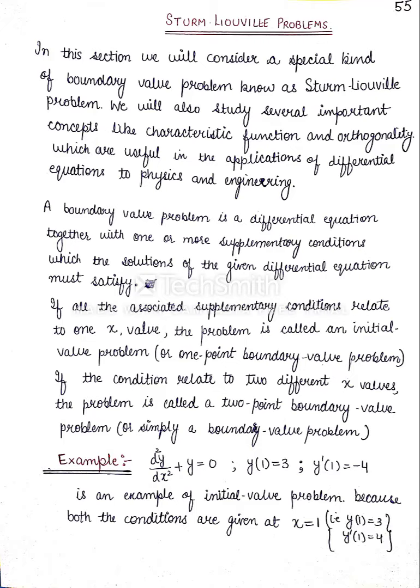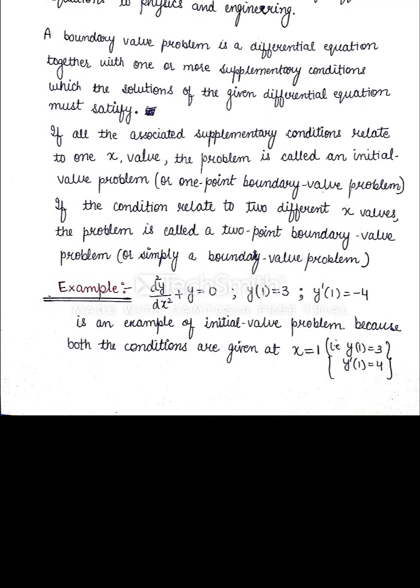Now, if all the associated supplementary conditions relate to one x value, the problem is called an initial value problem or 1-point boundary value problem. But if the conditions relate to two different x values, the problem is called a 2-point boundary value problem or simply a boundary value problem.